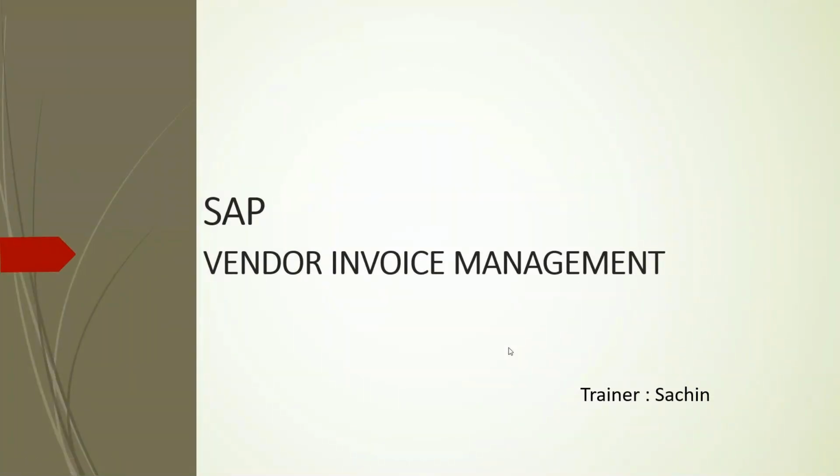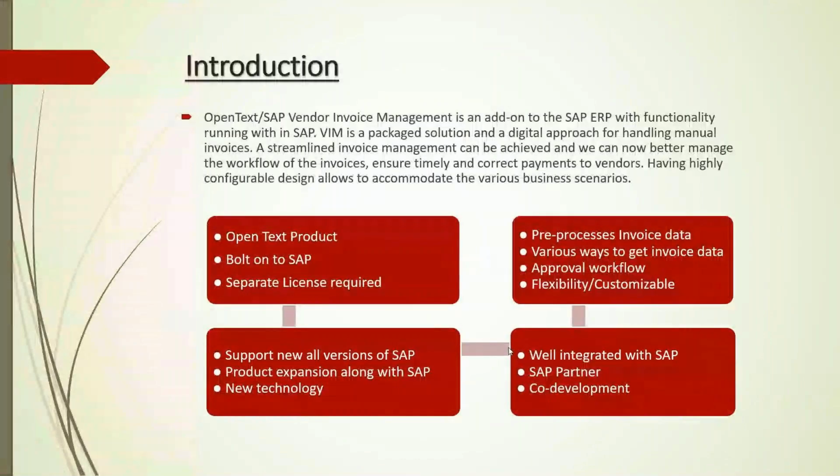So Vim, I guess you all are already aware of Vim. What is Vim? OpenText AG is the organization that developed this tool called Vim, Vendor Invoice Management. SAP has its own processes and modules.